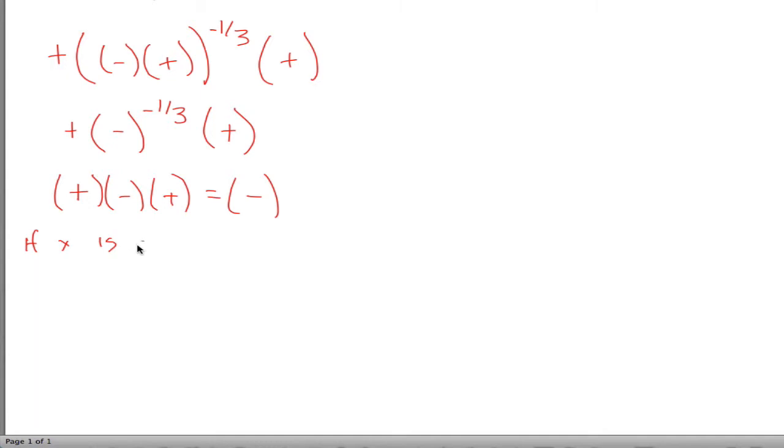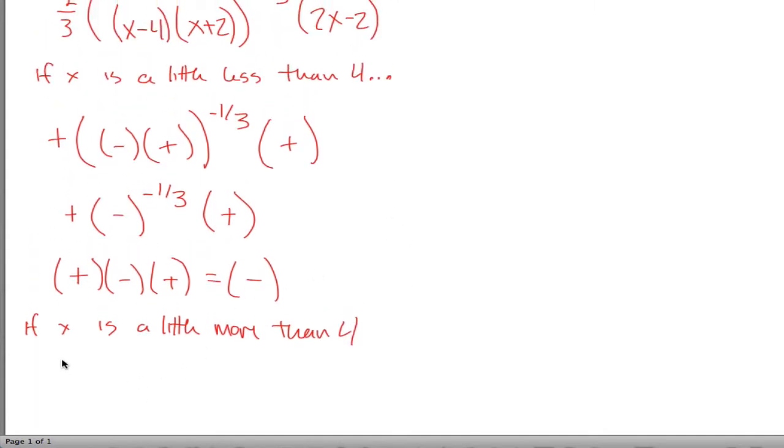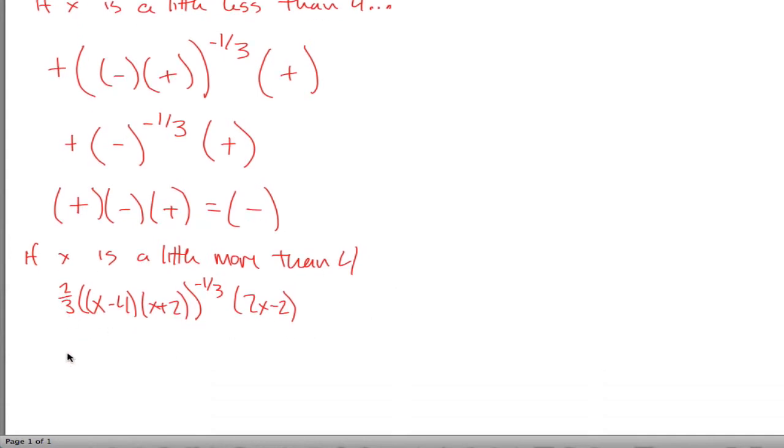If x is a little more than 4, I do the same analysis where I have 2/3 times x minus 4 times x plus 2 to the negative 1/3 times 2x minus 2. And I go through and do this positive negative thing. 2/3 is a positive number.